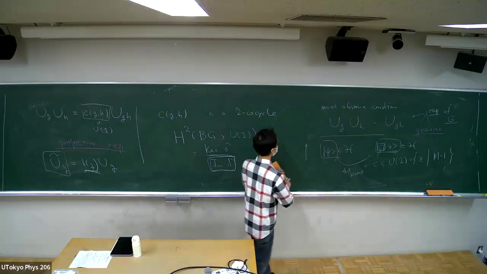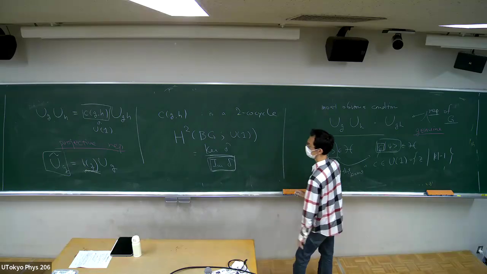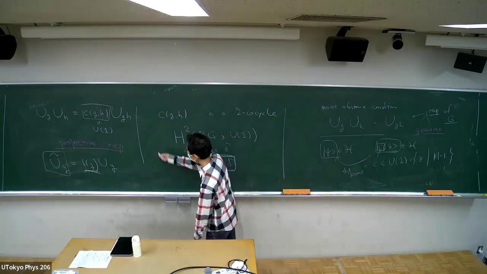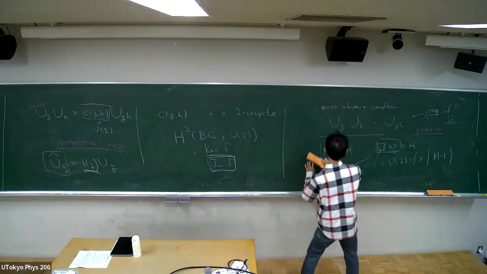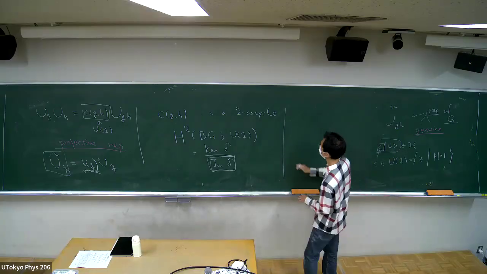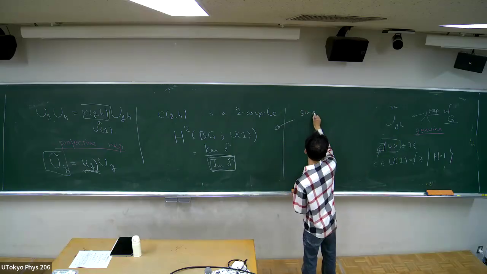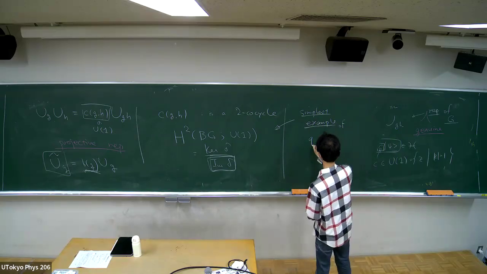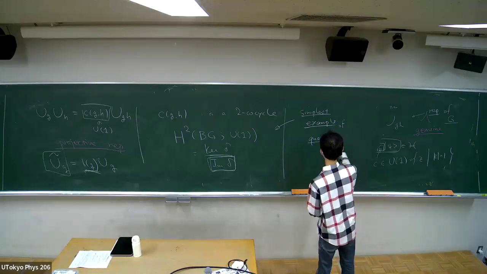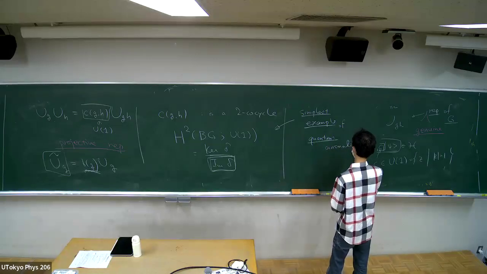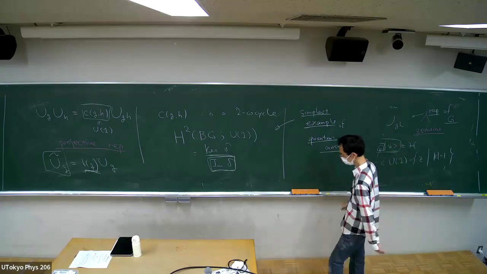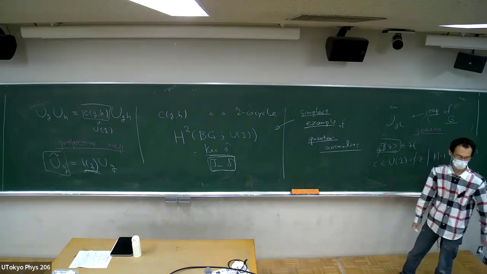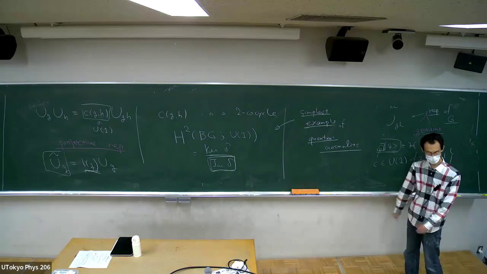So this is the end of today's lecture. Next week, I will discuss this example from the point of view of the simplest example of quantum anomaly, and how this arises at the boundary of 1+1 dimensional symmetry protected topological phases.